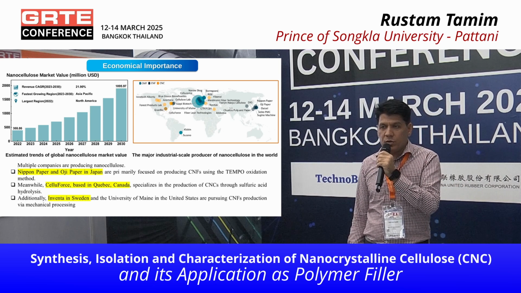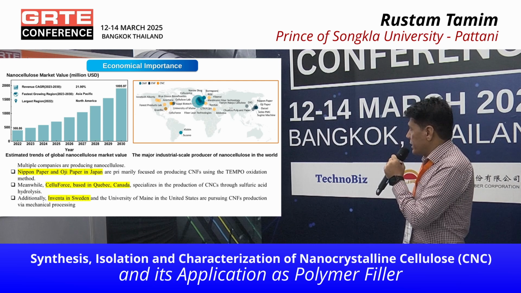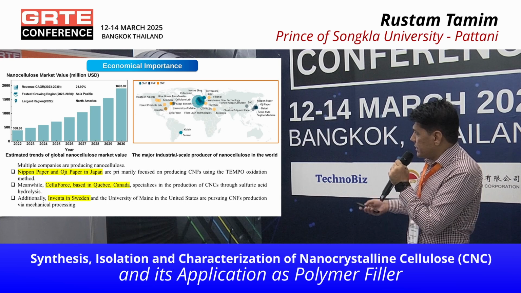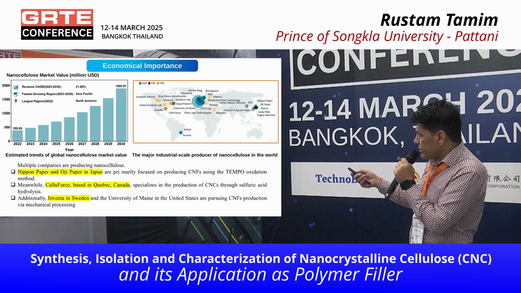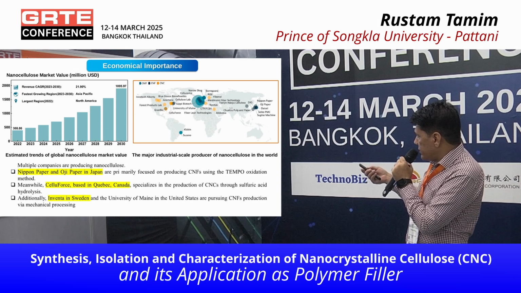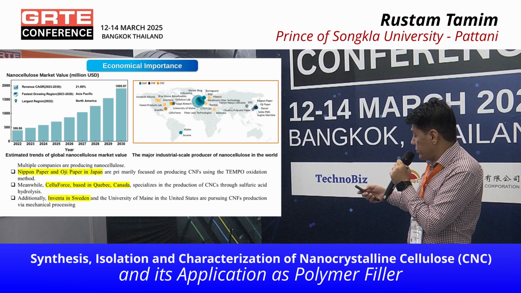So that is the value of nanocrystalline cellulose production. It means it's very important, and there are a lot of big companies working on it. A few I pointed out are in Japan, Canada, the US, and the UK. There are some very famous big companies working on nanocellulose.